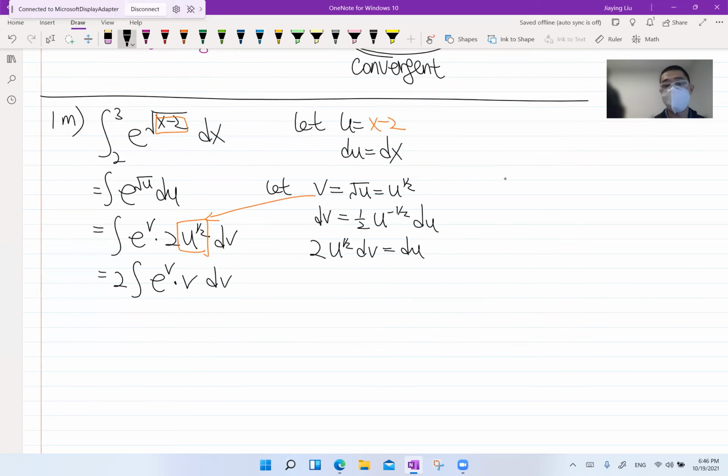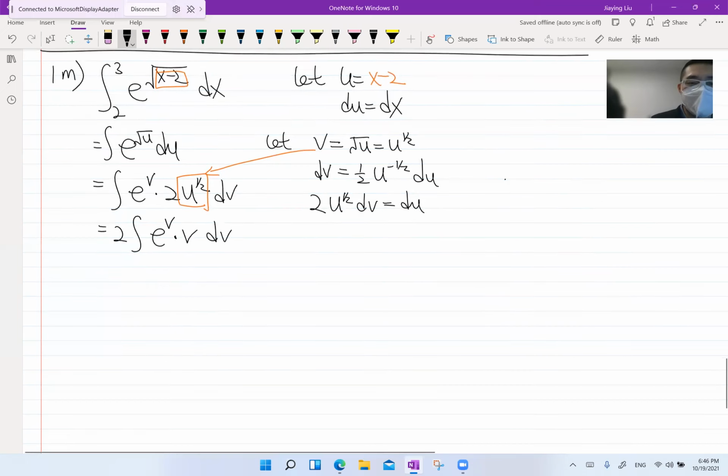It doesn't get me to the end, because I still have this e to the v dv. But from here it's actually a little bit easier, because now we have the e to the v function times v. This is kind of like e to the x times x, so we can use integration by parts.